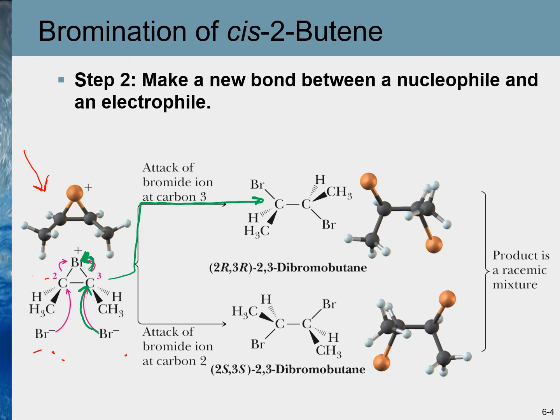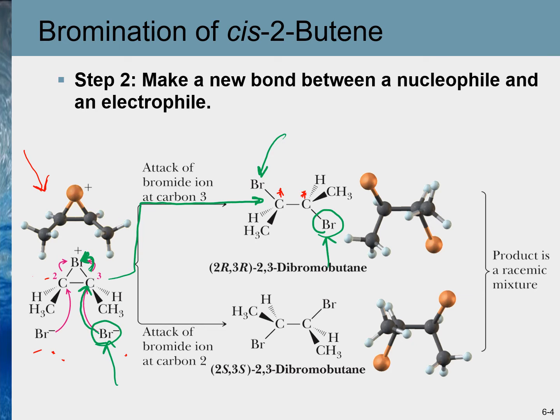In this product, the original bridging bromide ion is on top. The number 2 bromide, which attacked from the bottom, is present here. And now this compound has 2 stereocenters, one here and one here.